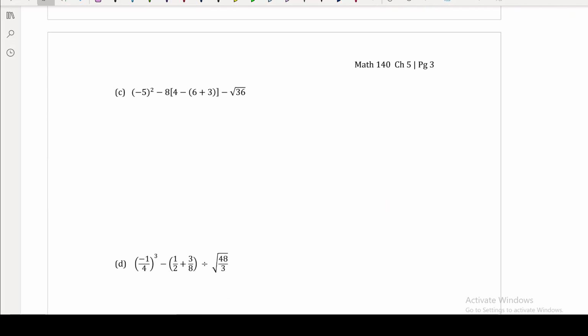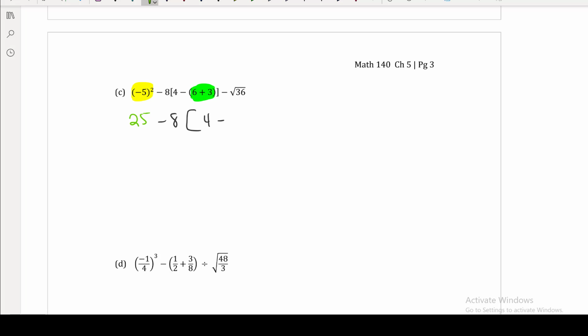Okay, so now for part C, again, we can either do this in our calculator or we can do this by hand. We know that this negative 5 squared, well, that's going to turn into a positive 25. Now I have a minus 8, and inside the brackets I have 4 minus, and here I'm going to do the 6 plus 3.